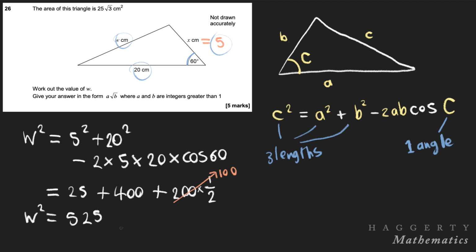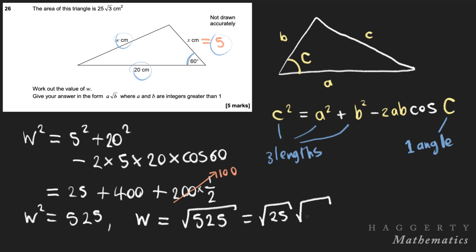And then to finish this off, you just want to take the square root of both sides. So W itself is going to be the square root of 525, which is the same as, well, again, we can break it down using surds. So 525 is the same as 25 times, what's it going to be, 21, I think? Am I right? 21?